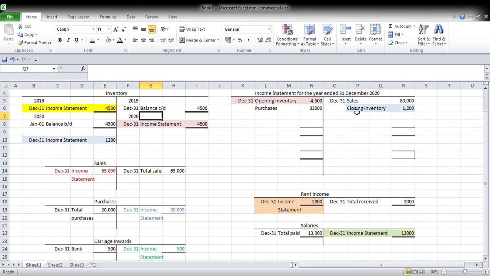Notice that they are on different sides of the income statement. When you total, this side is 81,002, and this side is obviously less than the other side. With this, you can now find your gross profit, which equals this total minus the sum of your opening inventory and purchases.